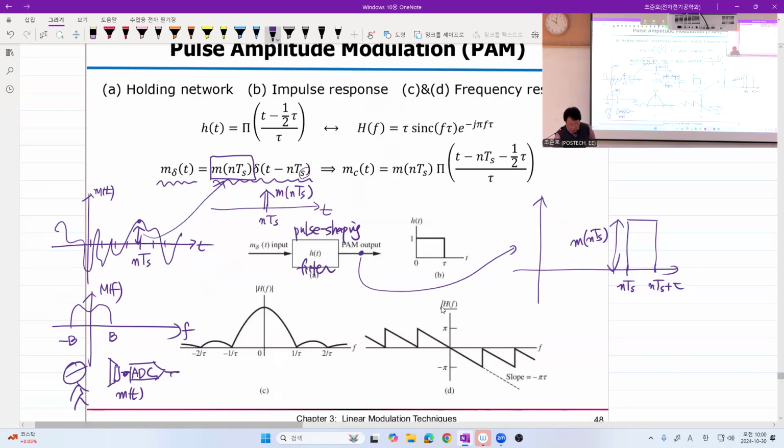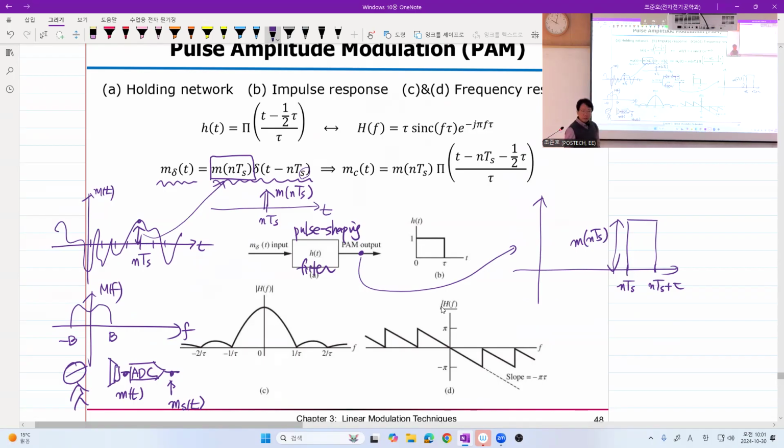And here, what would be the spectrum of this signal, m sub s of t, after pulse amplitude modulation? An interesting thing is that it's very related to the spectrum of this pulse, and also the spectrum of M of f.